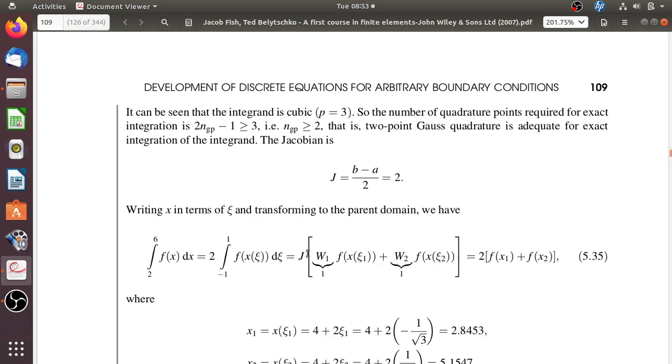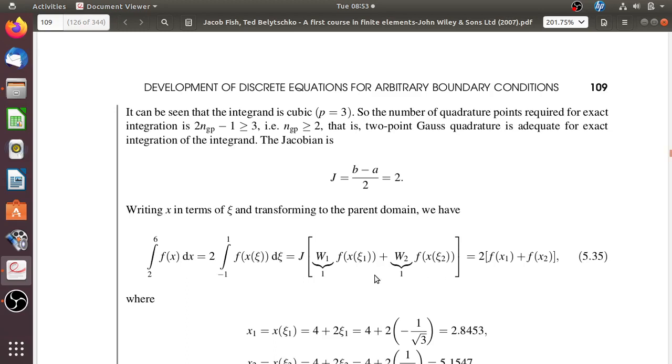And this J is the Jacobian value, which comes from changing dx to d zeta. At that time we will get this J, which is 2.